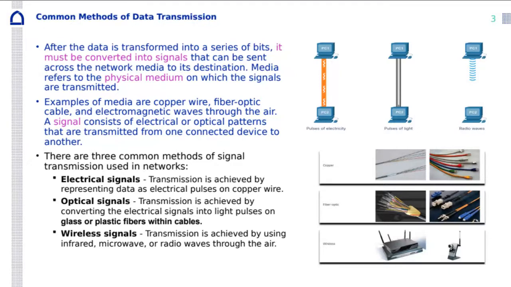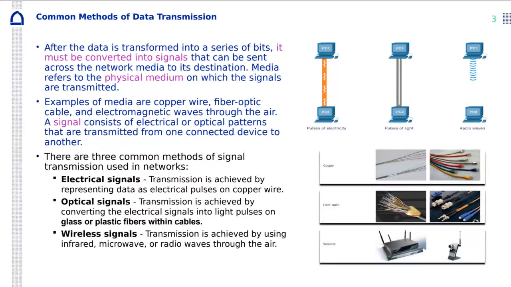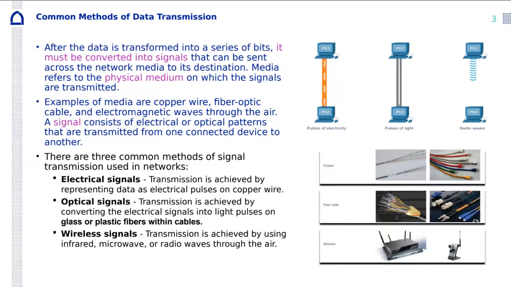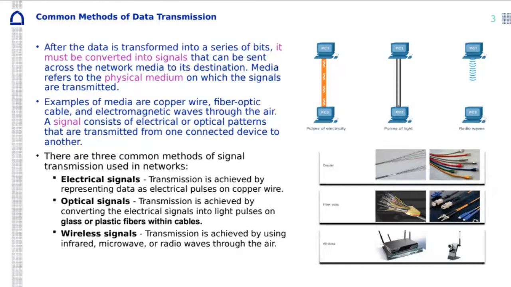So what is a signal? A signal consists of electrical or optical patterns that are transmitted from one connected device to another. And we have 3 common methods of signal transmission.